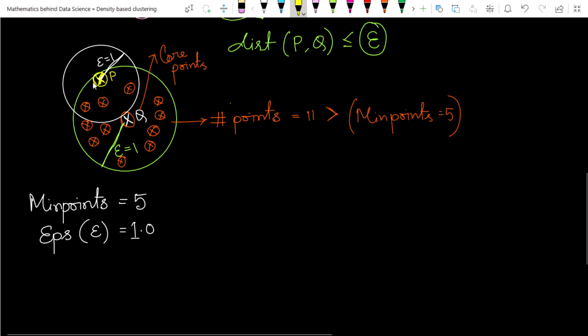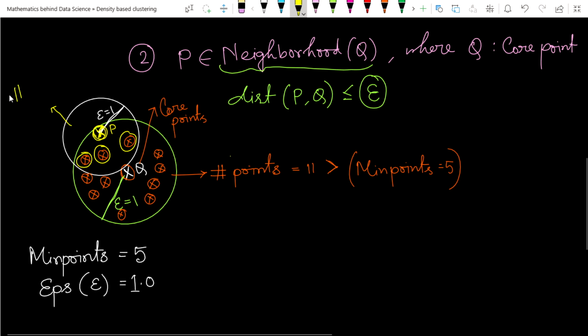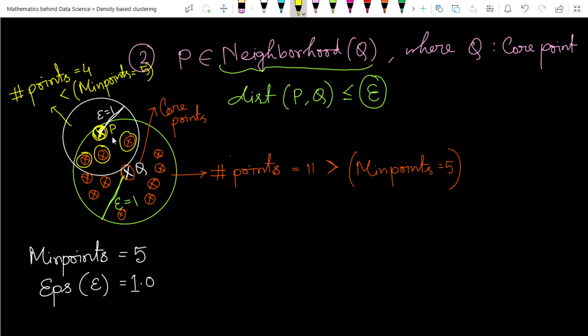In this white region, I'm using the yellow color, we have only 4 points: 1, 2, 3, 4. The number of points is 4, which is less than min points.